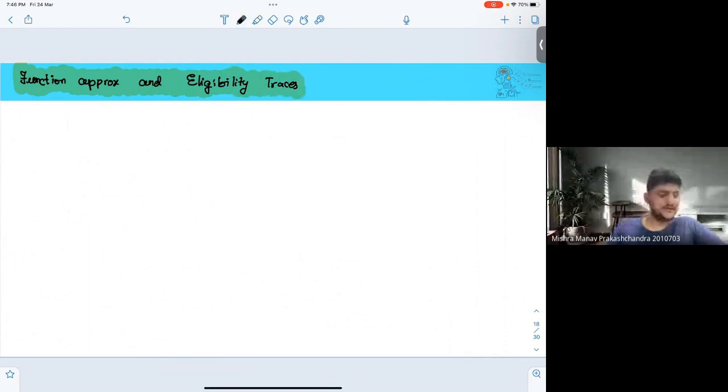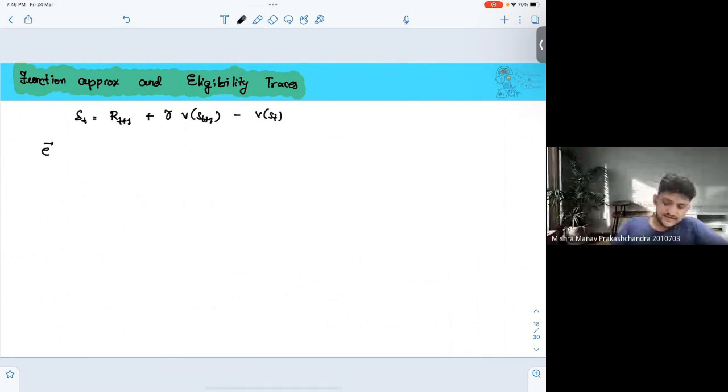So in the earlier case, my delta t was r t plus 1 plus gamma v of st plus 1 minus v of st, right? So my eligibility trace looks like this.